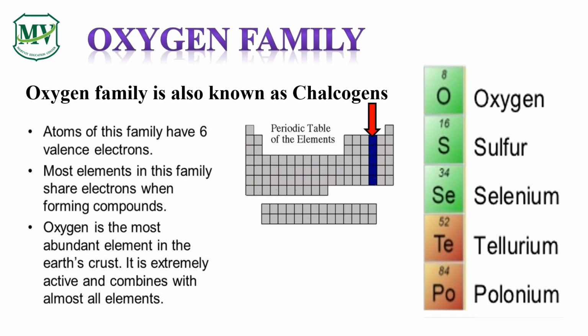This family has 6 valence electrons, and most in this family share electrons when forming compounds. Can you name the chalcogens family? Amazing! Chalcogens or the oxygen family includes sulfur, selenium, tellurium, polonium, and of course, oxygen itself.